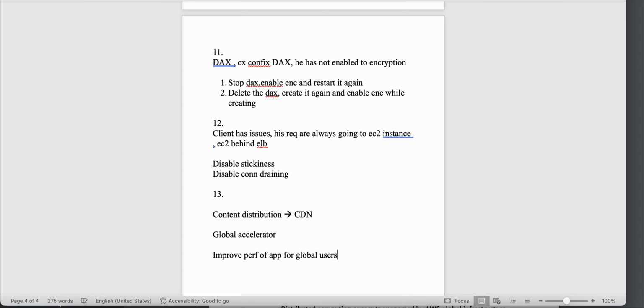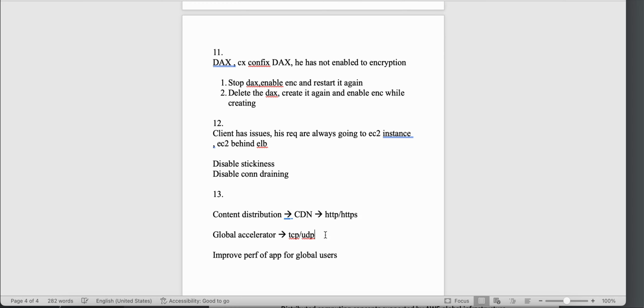The thing to keep in mind is Global Accelerator is used for TCP and UDP traffic, that is layer 3, layer 4. And CloudFront works on the application layer, so layer 7, basically HTTP traffic. So it's a clear sign of when to use what.